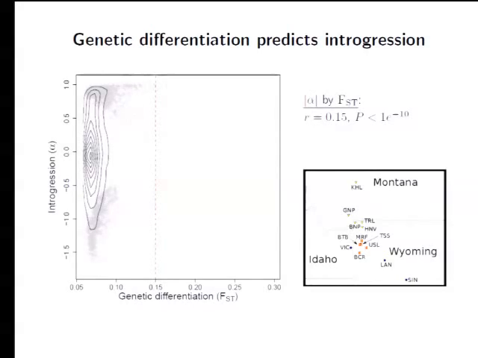The only point I really want to make here, although it may not be super obvious from here, is that there's a positive correlation between the absolute value of alpha, so high or low, and FST. It's a correlation of about 0.15. So there is an association between FST between the parents and integration in the hybrids. Cases where the parents are more different, you see more exceptional on average integration, patterns of integration in the hybrids, where alleles from one of the two parents are being purged from the population. Some of that can be explained by statistical power, but it's not the whole story, and I can talk more about that if anyone's interested.